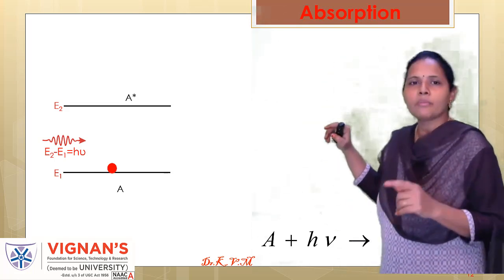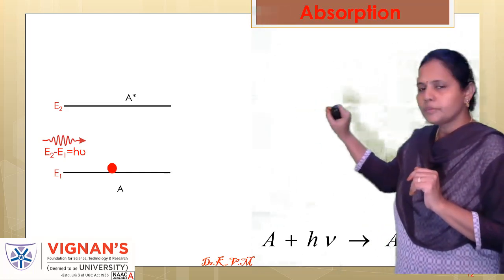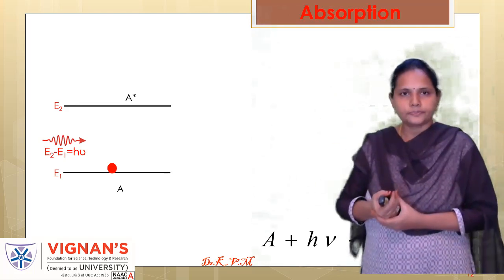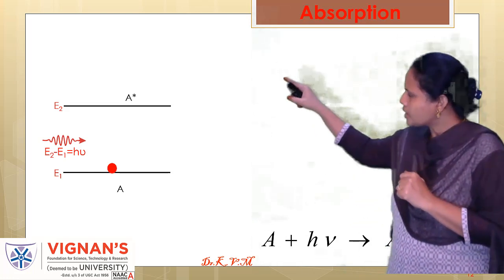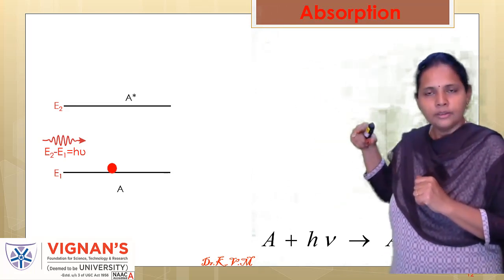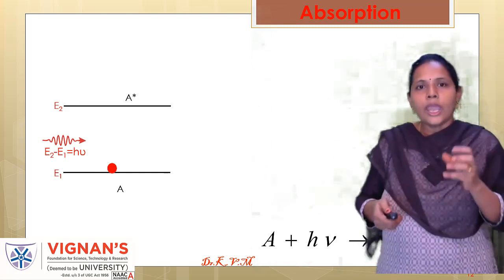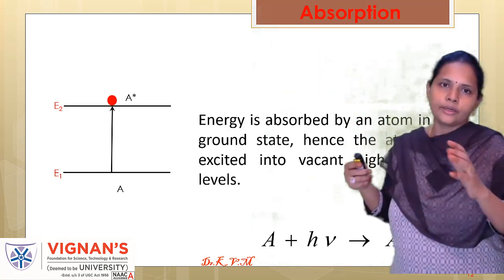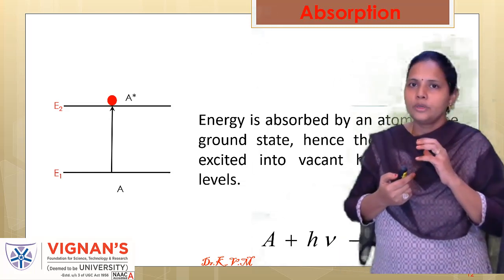For simplicity, I am considering only two energy levels, out of which E1 is the lower energy state or ground state and E2 is the excited state. When you supply energy equal to the difference in the energy levels, that means E2 minus E1, the photon from the radiation is absorbed by the atom and the atom gets excited to the higher energy level. This phenomenon is known as absorption.